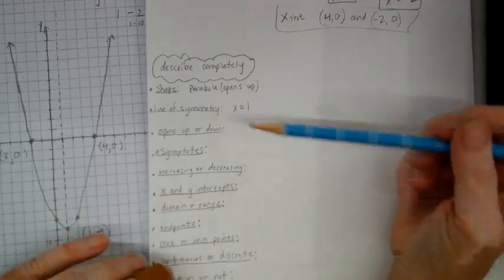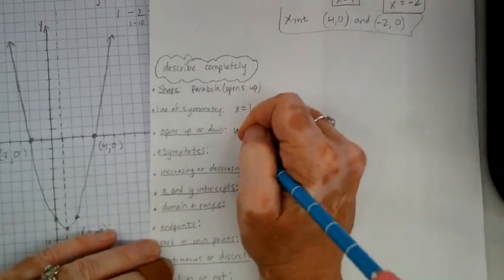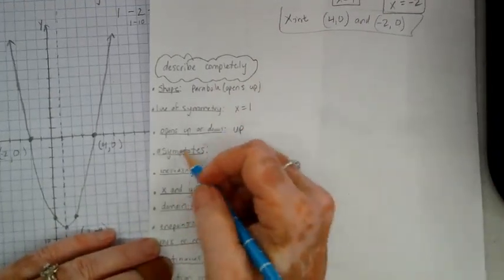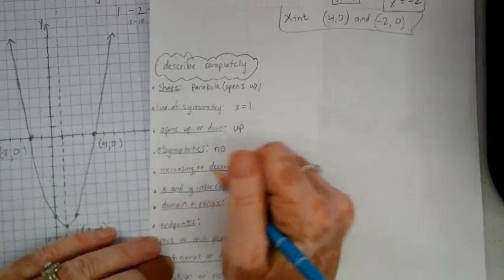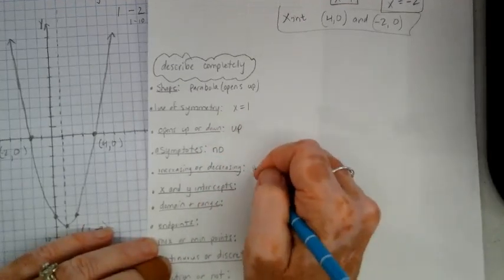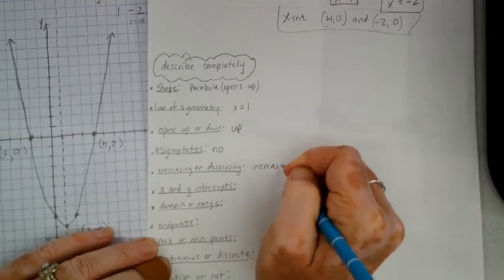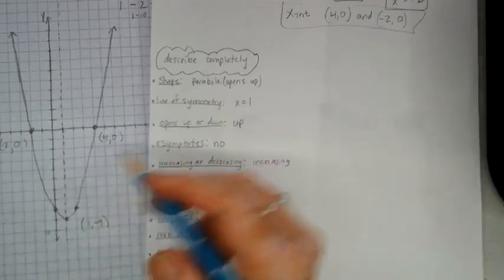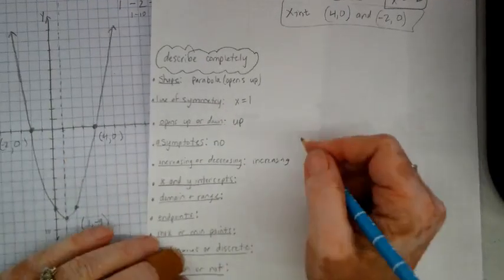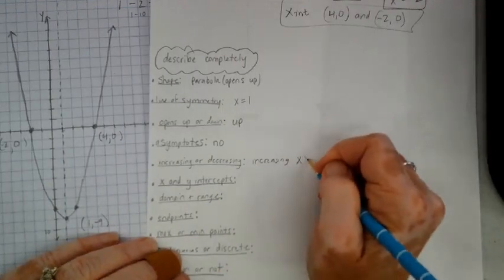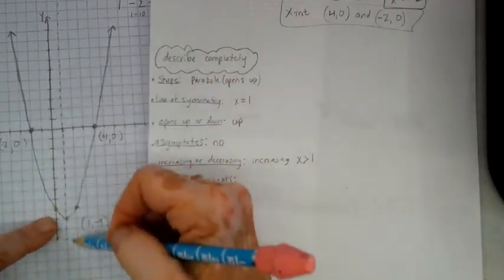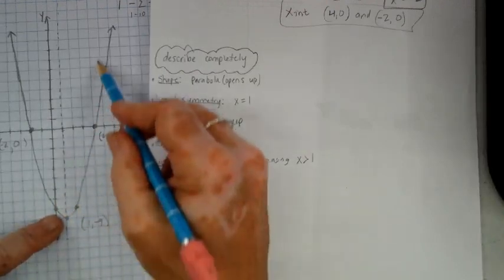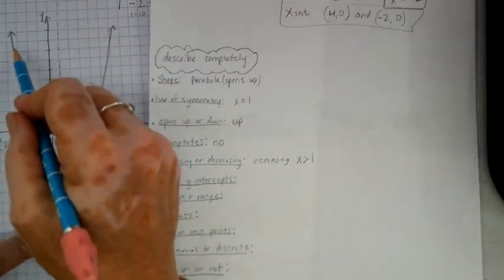So it opens up. So I'm going to say up. And then asymptotes, I'm going to say no. I'm going to say it's increasing. Oh, I should have said, it's increasing for x is greater than 1. Because see, this part of the graph is increasing, but it's decreasing for x is less than 1.